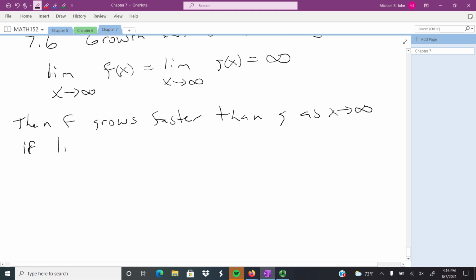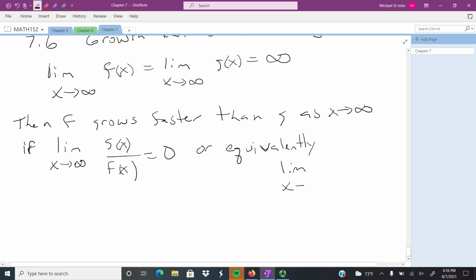the limit of g of x over f of x is equal to 0, or equivalently, if the limit as x goes to infinity of f of x over g of x is equal to infinity.